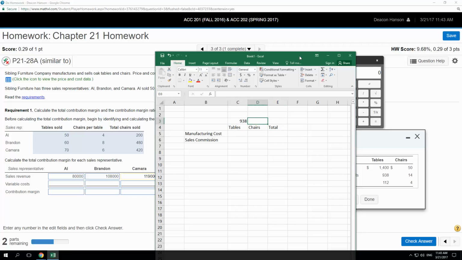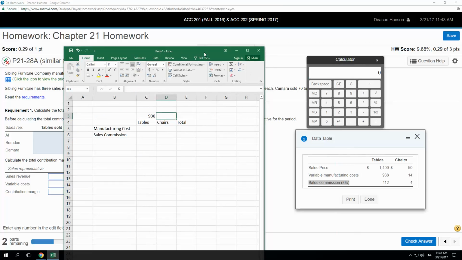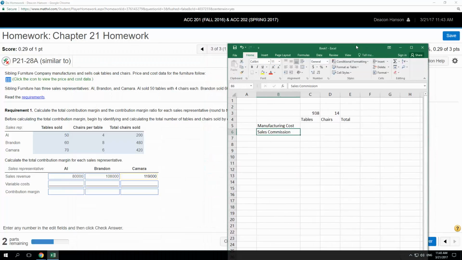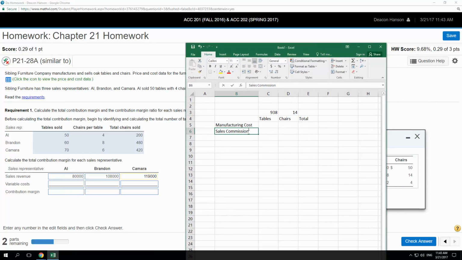You can see 14 there. And then your sales commission is always going to be 8% of revenue. So that's 8% of revenue.